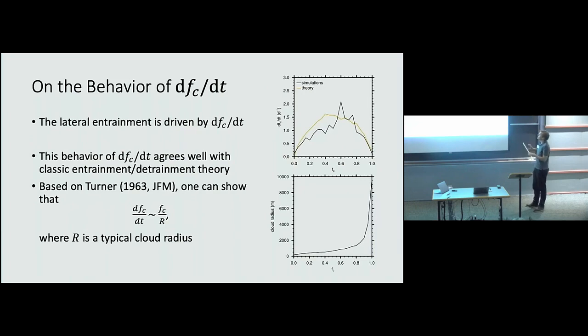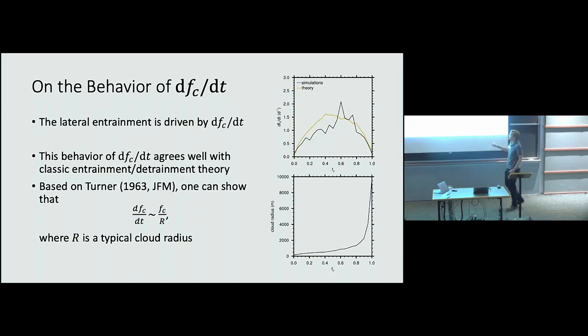Because, as I said before, the lateral entrainment is driven by the temporal change in the cloud fraction, which you can see here in the black line. If you go back to the really old literature on entrainment and detrainment, you can theoretically calculate how this change should look.